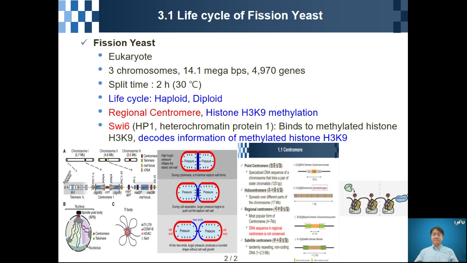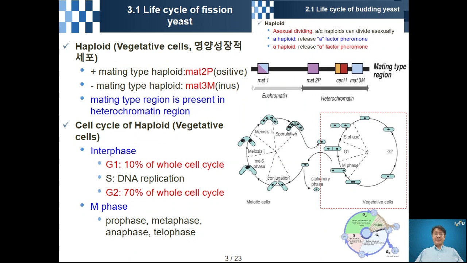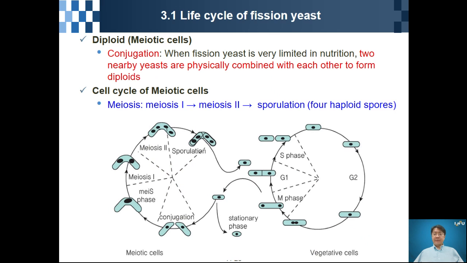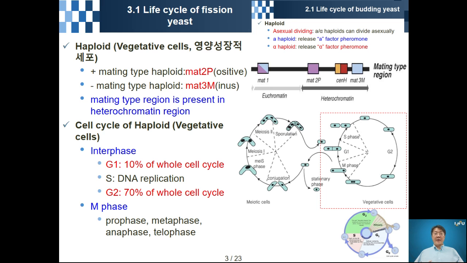In this slide, I will explain the haploid status, and in the next slide the diploid status. Haploid cells are called vegetative cells, in Korean 영양성장적 세포. Haploids are composed of plus mating type and minus mating type haploids.